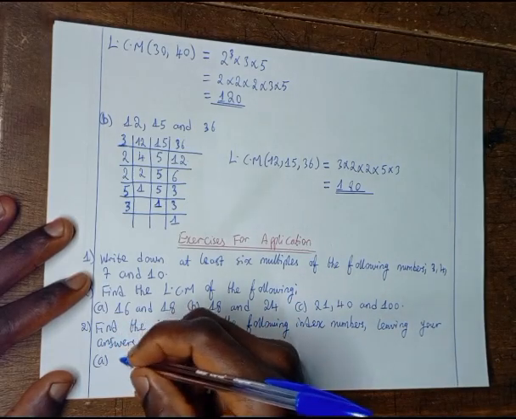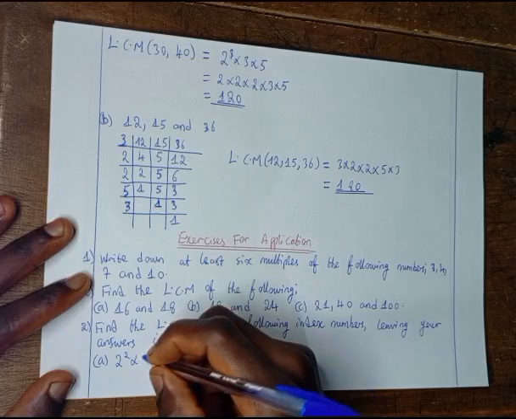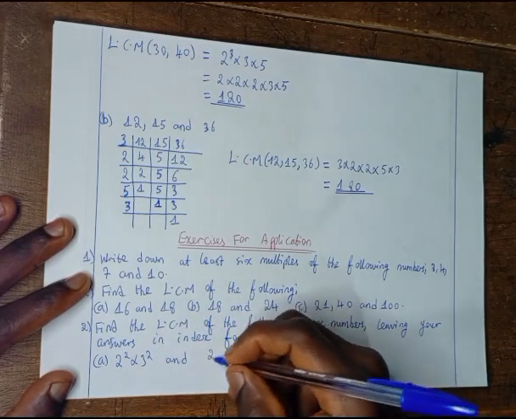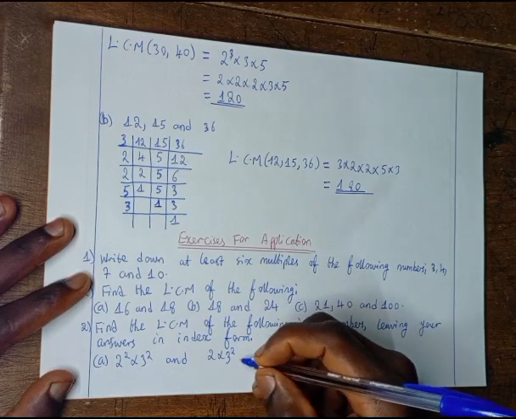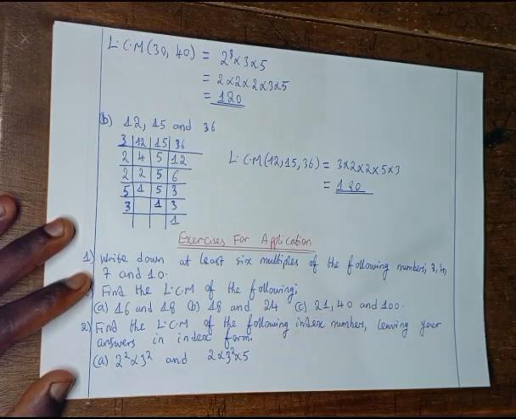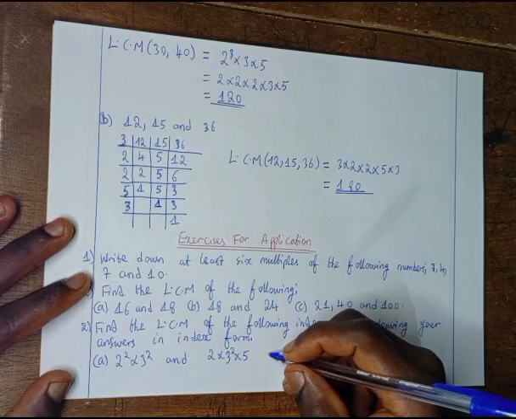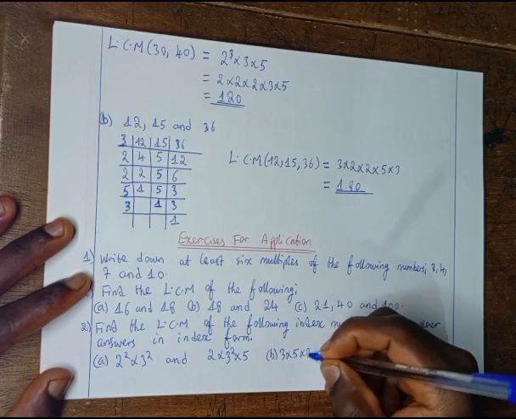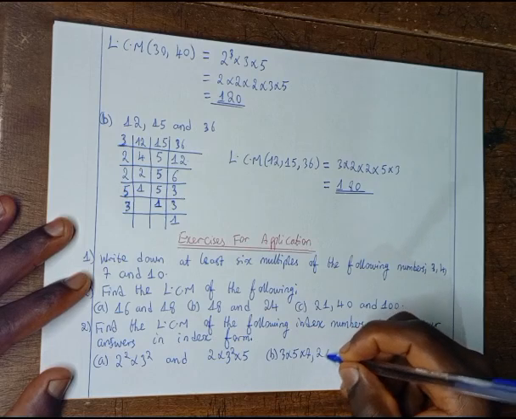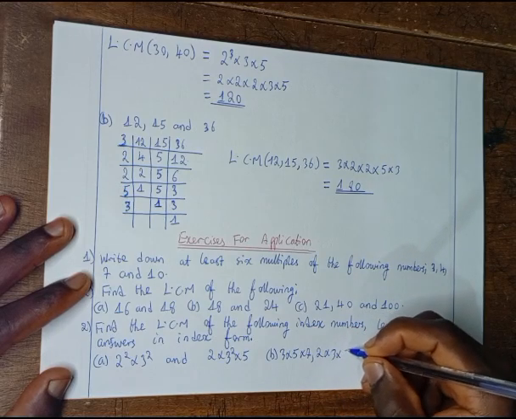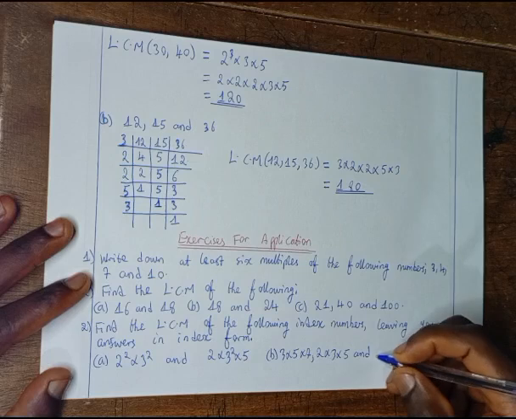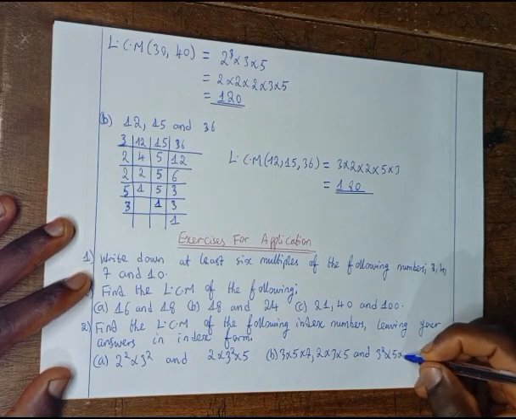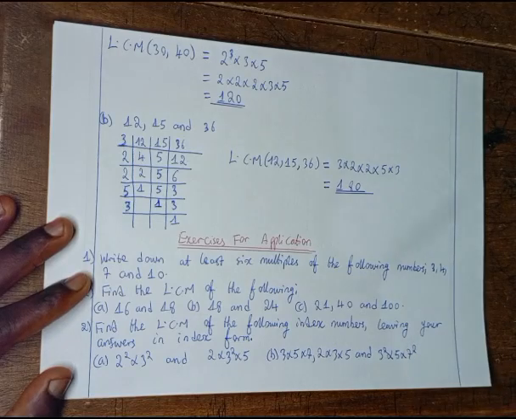For A, we have 2 raised to the power 2 times 3 raised to the power 2 and 2 times 3 raised to the power 2 times 5. For B, we have 3 times 5 times 7, 2 times 3 times 5, and 3 raised to the power 2 times 5 times 7 raised to the power 2.